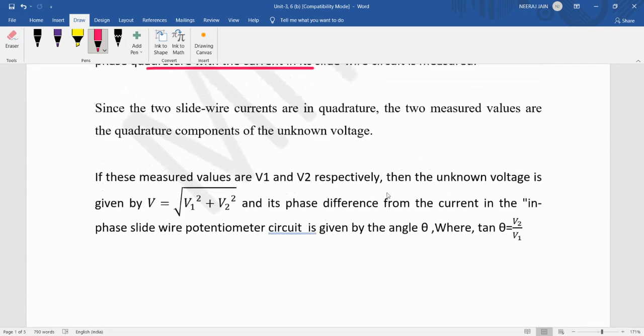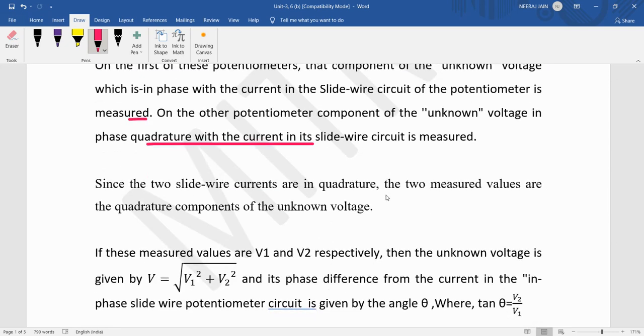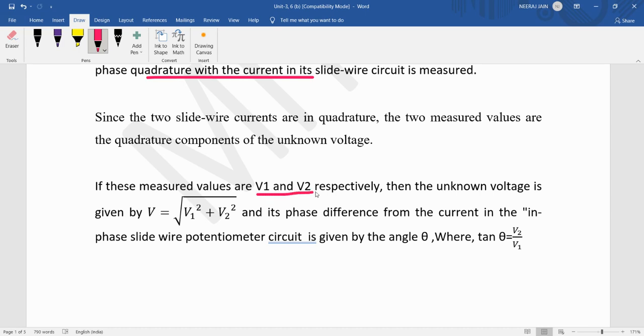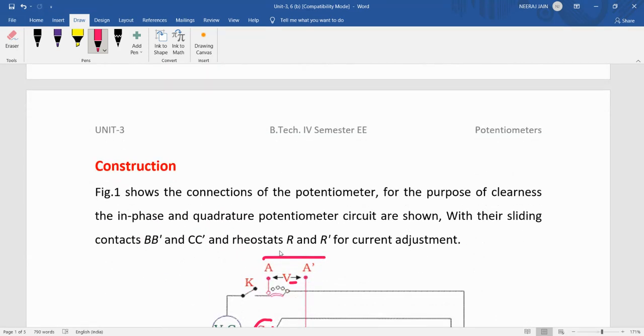We can see that since the two slide wire currents are in quadrature, the two measured values are the in-phase and quadrature components of the unknown voltage. If these measured values are V1 and V2, then the unknown voltage can be calculated by V equals the square root of V1 squared plus V2 squared, and tan theta equals V2 upon V1.